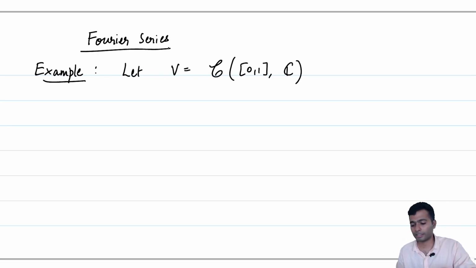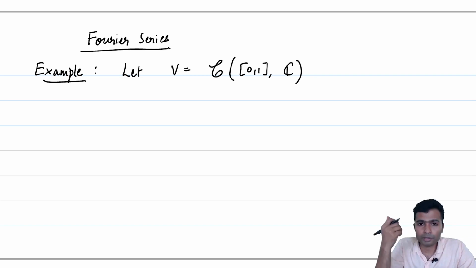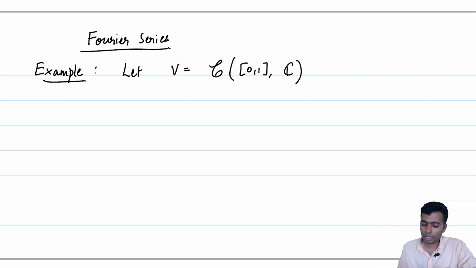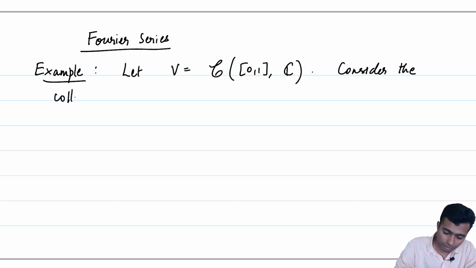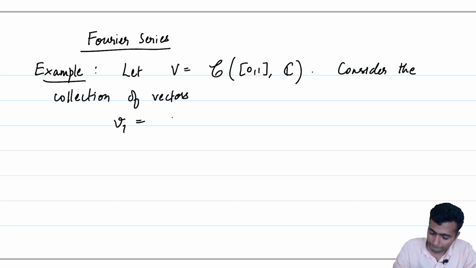So let's consider the vector space. If you recall, C[0,1] to C is the vector space of all complex valued continuous functions from [0,1]. And let's consider the following collection of vectors. Let's consider the collection of vectors vk.